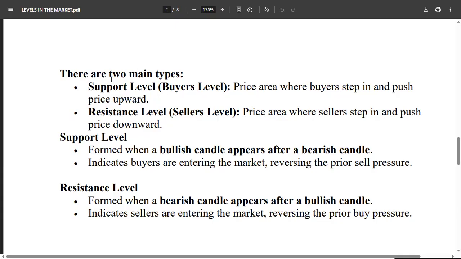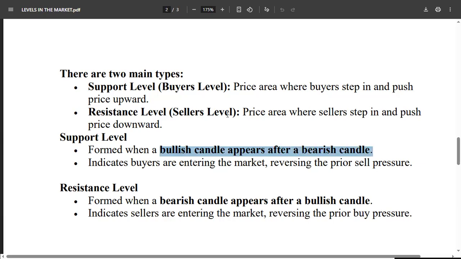We have two main levels in the market, which are the support levels and the resistance levels. In the support levels, we see more bullish candles appearing after a bearish candle.